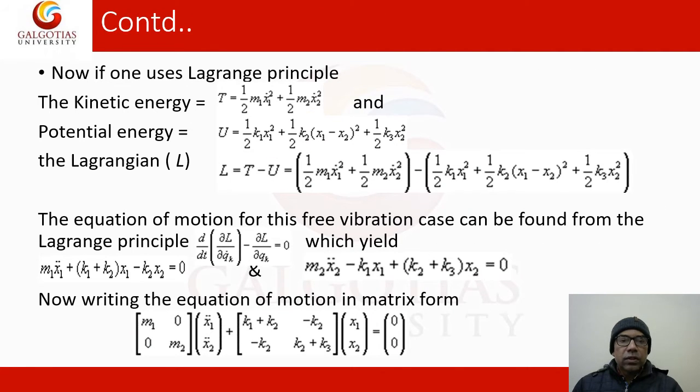Now, if you use the Lagrange principle, the kinetic energy and potential energy will be given in this expression, and the total Lagrangian will be L equals T minus U. That means kinetic energy minus potential energy.